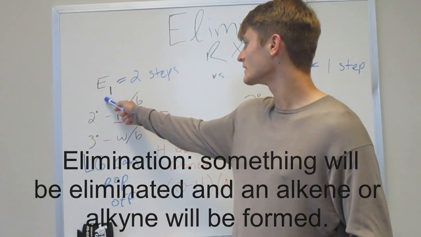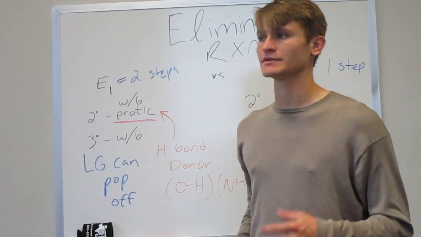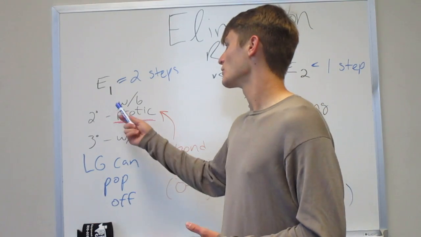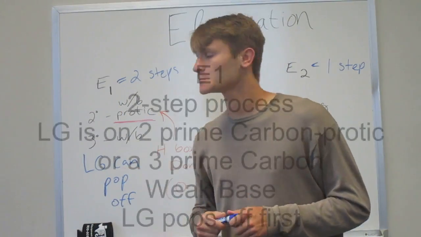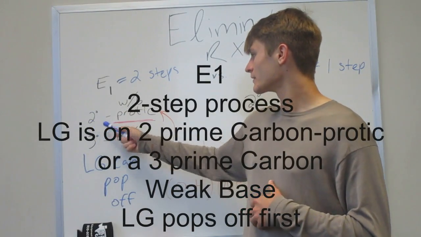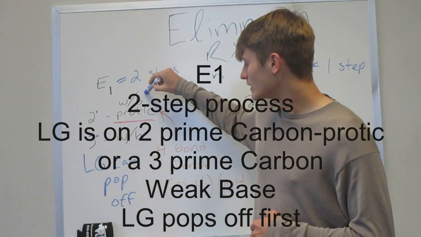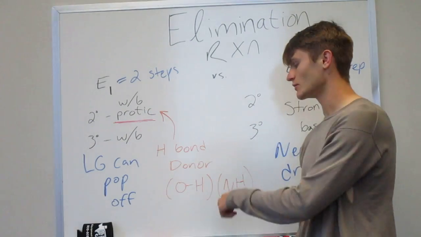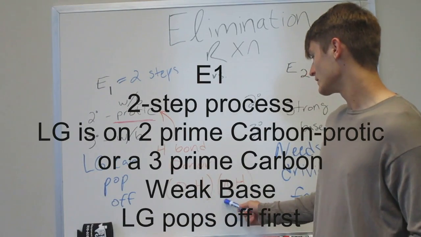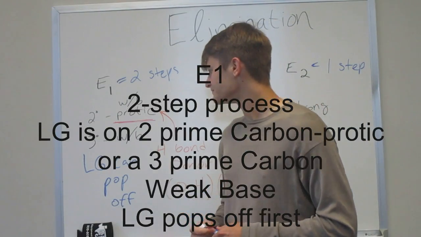E1 happens in two steps. It's similar to SN1, where two things happen in the one part. It occurs on a 2' carbon with a weak base, and it needs to be protic. If we remember, a protic is an H bond donor, like an alcohol group or a nitrogen with a hydrogen.